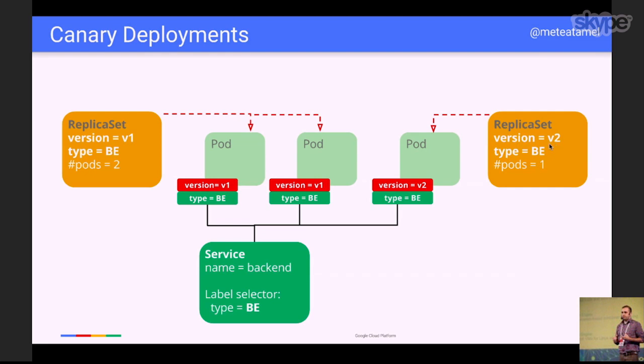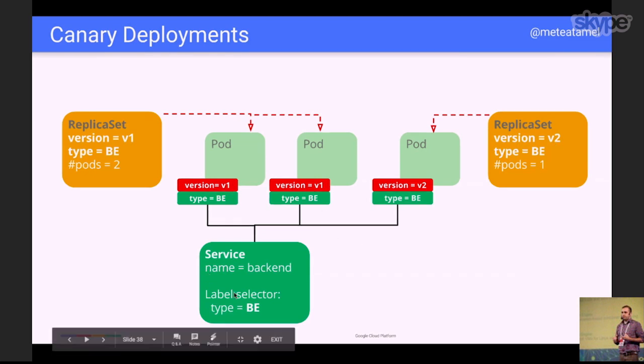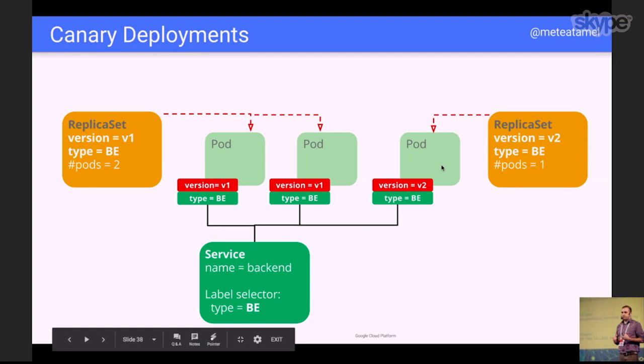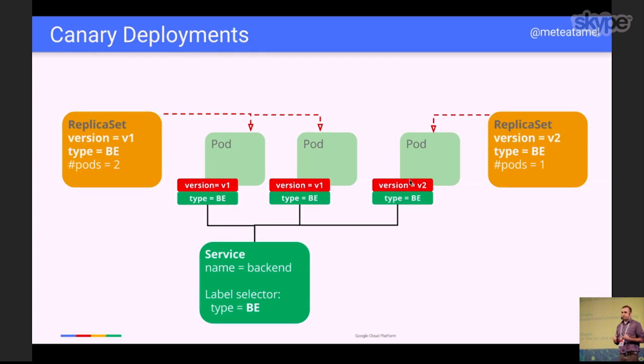And the great thing is that the service selects all the pods with the label type equals BE. So this new pod will also be serviced by this one, and we can introduce it gradually in our system. You have 2 replica sets managing 2 sets of versions, but they're being serviced by the same load balancer, basically. So this way you can have canary deployments.